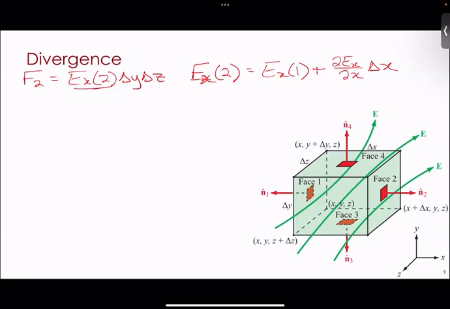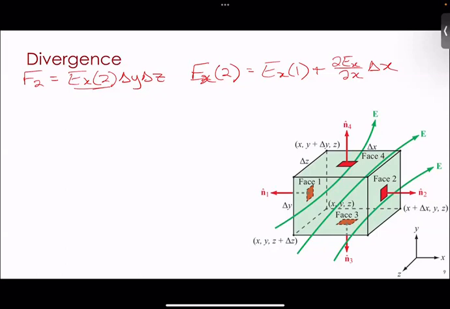Basically we want another expression for the field here. If we know what it is here, and we know how the field changes in the x direction, we can say it changes over this distance, which is delta x. Don't worry if you couldn't reproduce this. We're just building up to the definition of divergence. Question?